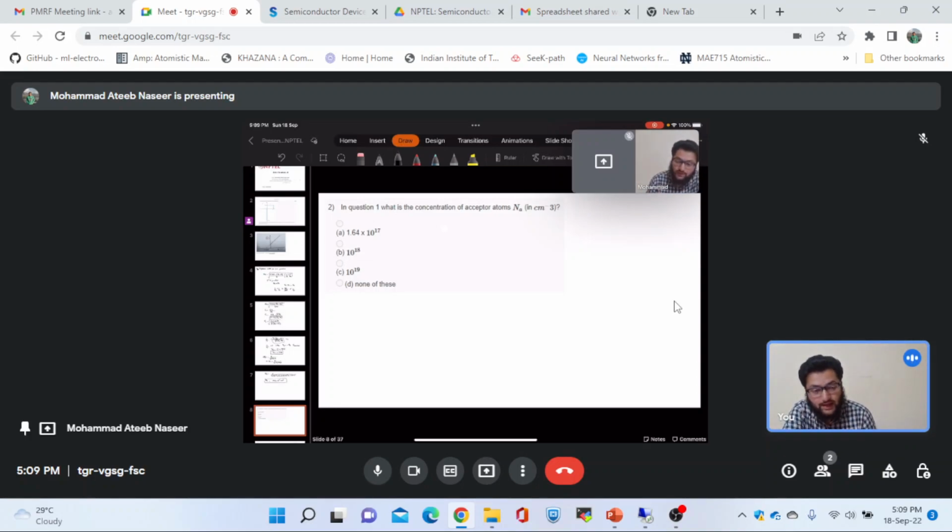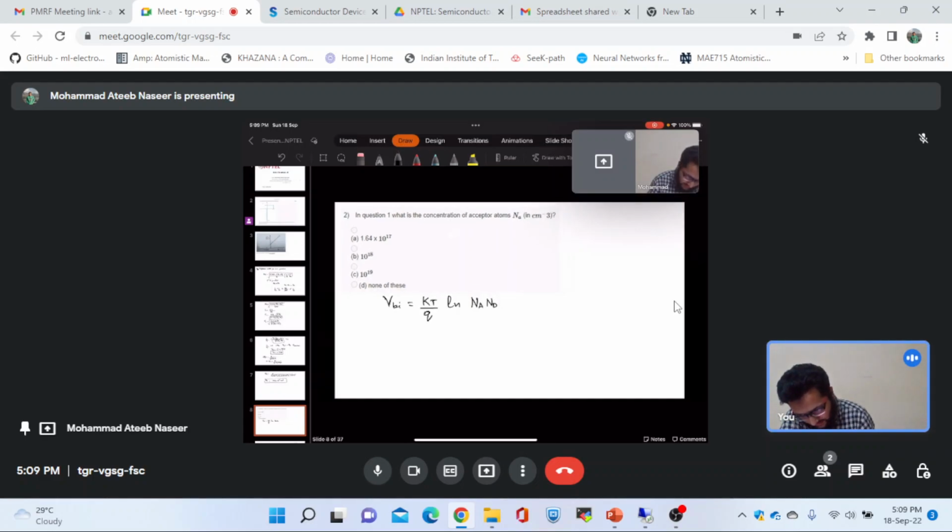Since we know the VBI, we can simply use the relation VBI is given by KT by Q, which is the thermal voltage, ln of Na Nd by Ni squared, where Na is the acceptor and Nd is the donor concentration, and this Ni is the intrinsic concentration for silicon.